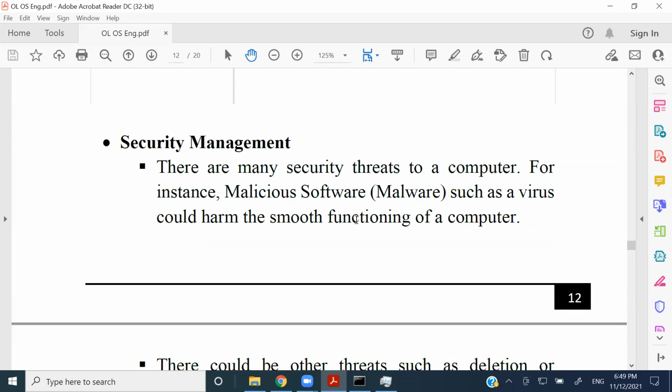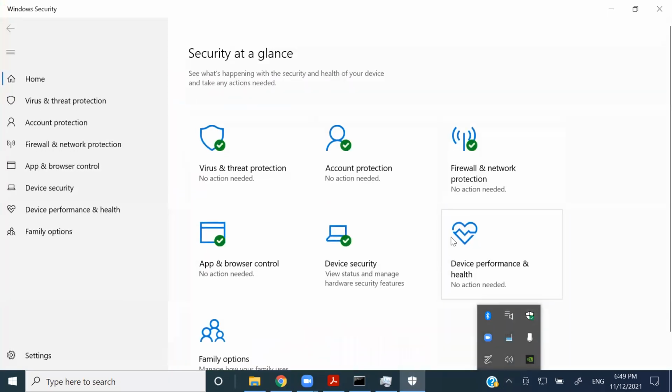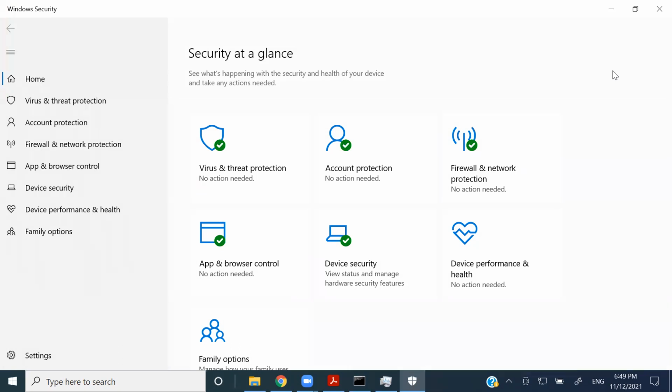Even with some particular operating systems, like the Windows operating system as an example, it came with inbuilt antivirus software as well. In the Windows operating system, we have Windows Defender, right? When we install the Windows operating system on a device, Windows Defender is installed at the same time as a feature of the operating system.